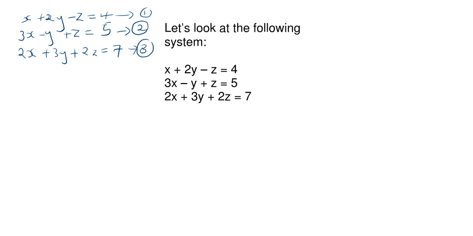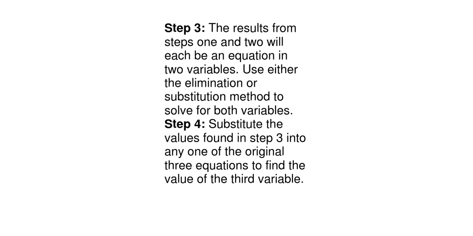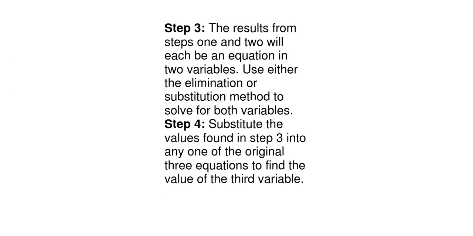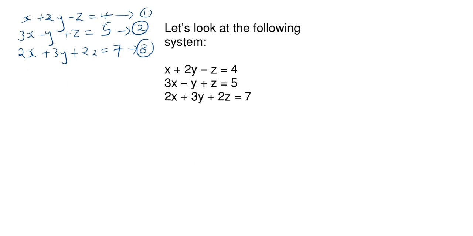Now, as we have said in the steps, pick two of the equations and eliminate one of the variables. So in this example, I will pick 1 and 2 and eliminate y.